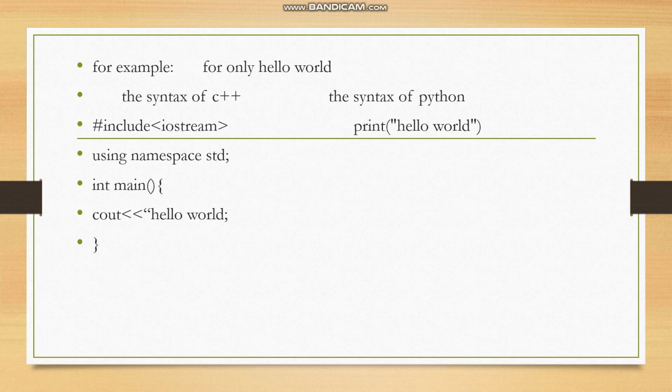For example, if we want to print hello world, if you have worked in C++, you will notice that we need five lines to print hello world. But in Python we only need one line of code.